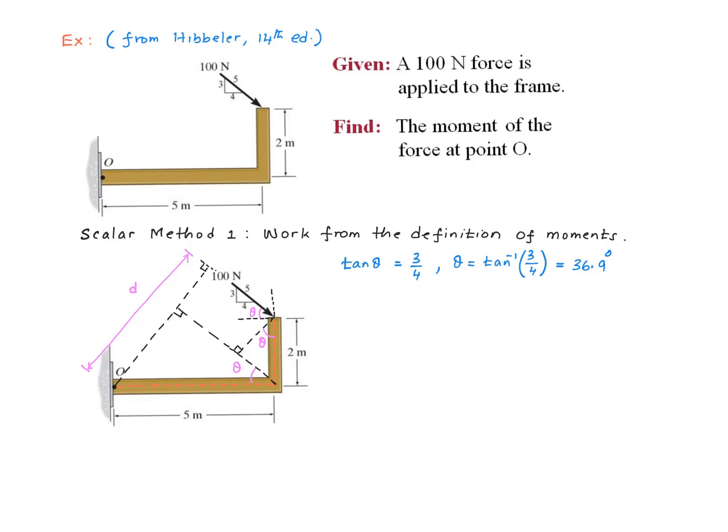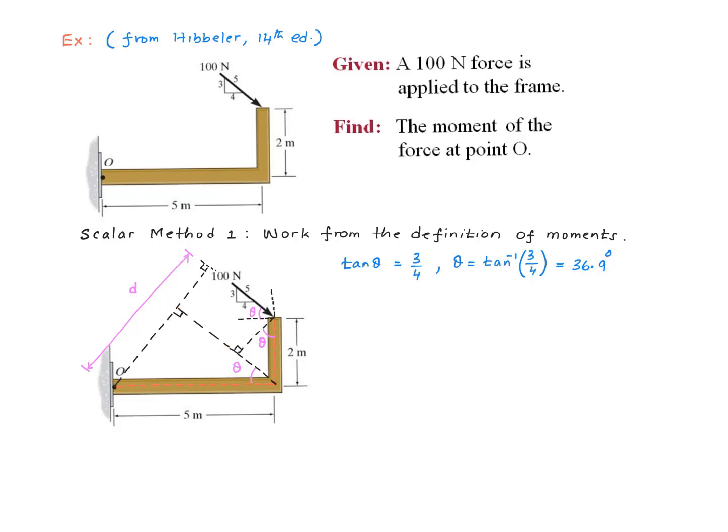Now let's figure out how to find d, little d. By looking at this geometry here, you can see d is this distance plus this distance. This distance can be found by considering this triangle, and this is 90 degrees, this is theta, this is 5 meters, and therefore this distance should be equal to 5 sine theta.